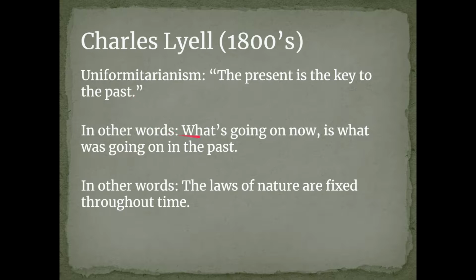In other words, what's going on right now is what was going on in the past. Or in other words, the laws of nature are fixed throughout time. That's really the big take home that we've kind of ran with throughout history, is that the stuff happening today also happened in the past and vice versa.